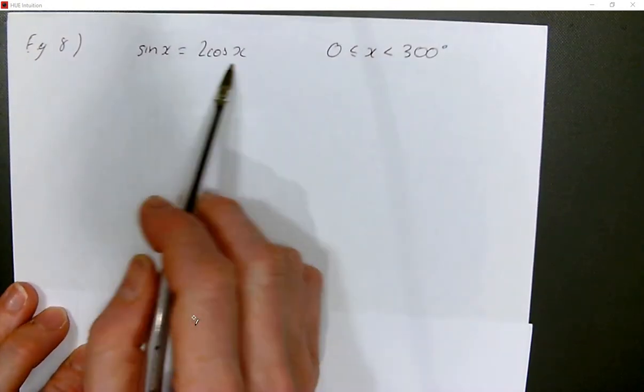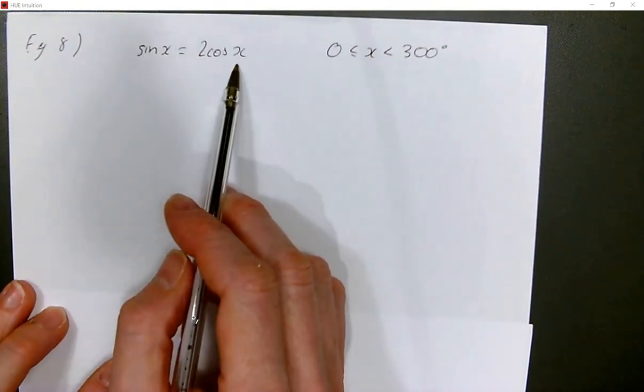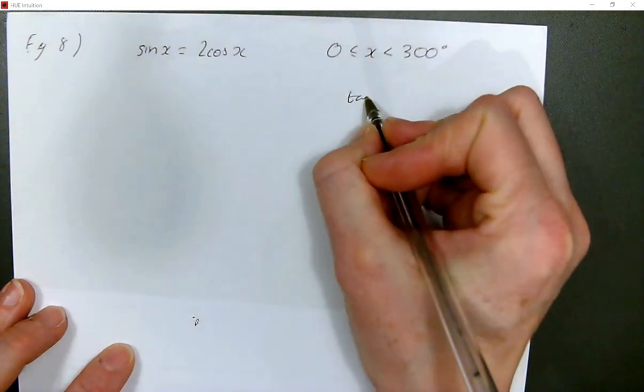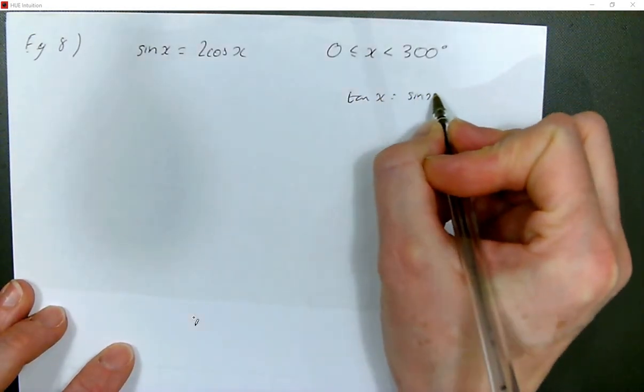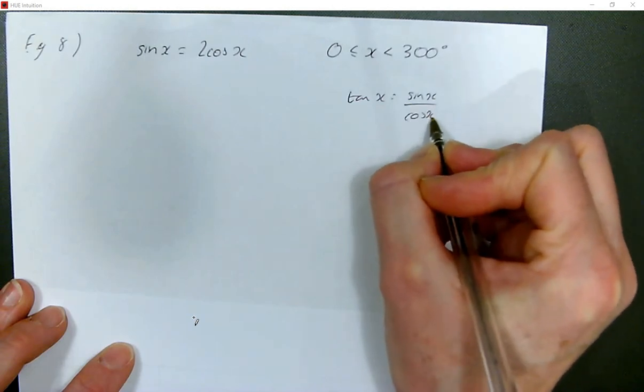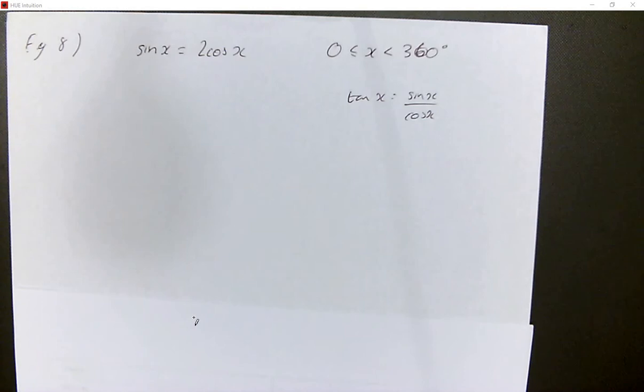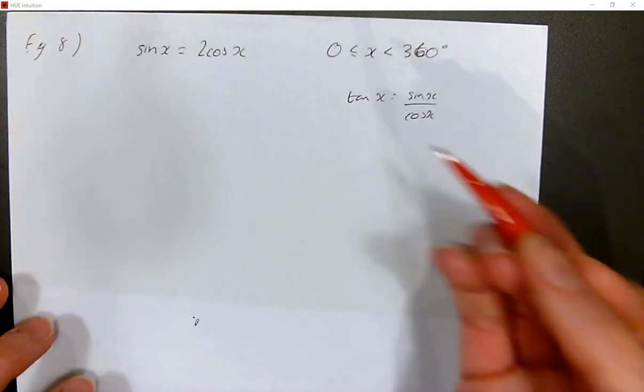For this one we have a sine and a cos, so we can't factorise. What do we do? We're going to use tan x is sine x over cos x. I think that should be 360. So we divide every term by cos x.